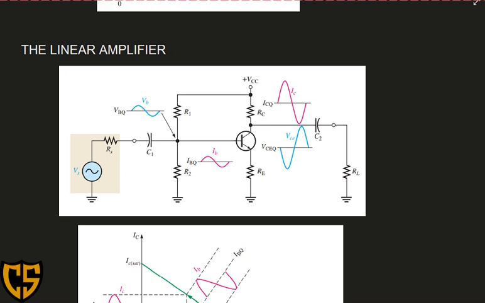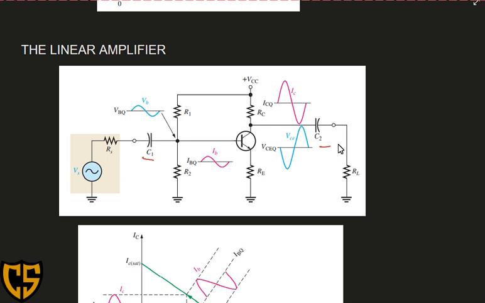So here is a voltage-divider biased transistor with a sinusoidal AC source capacitively coupled to the base. We have C1 as the capacitor at the base, and C2 is capacitively coupled to the collector. What is the purpose of the capacitors in this circuit?